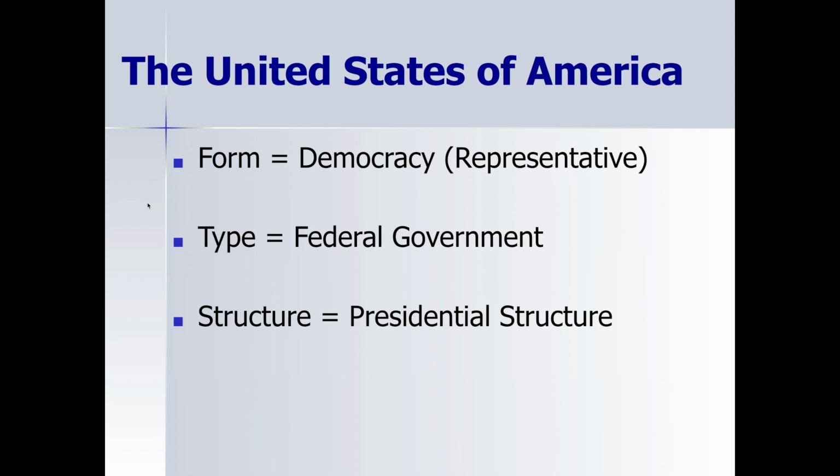So our form is a democracy, and it's what we would typically call a Republican form of democracy, not the political party, but that we do have a representative democracy. We don't have a direct democracy for the most part. There are some really small local entities, especially in the Northeast, that have very direct forms of democracy in terms of local matters.